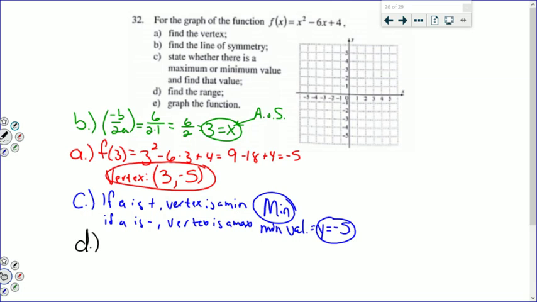All of the rest of the y's for that graph are all above that. Since the vertex is at the bottom, -5 is the bottom of our graph. So all the rest of the y's are above it. So y is greater than or equal to -5 for this particular graph. Okay, that is our range.